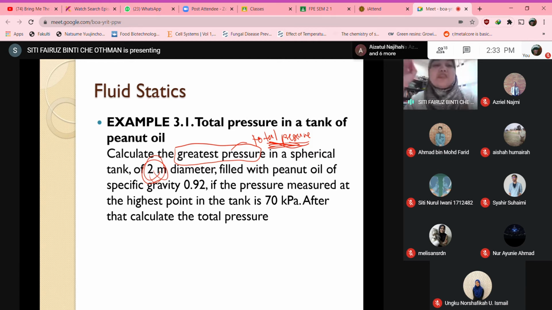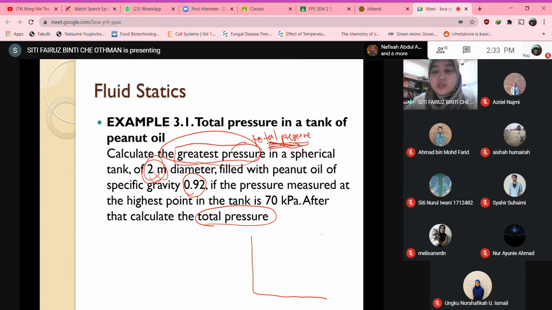Alright, so here it gives the specific gravity of this particular peanut oil. The pressure measured at the highest point of the tank is 70 kilopascal. After that, calculate the total pressure. The total pressure means the greatest pressure.